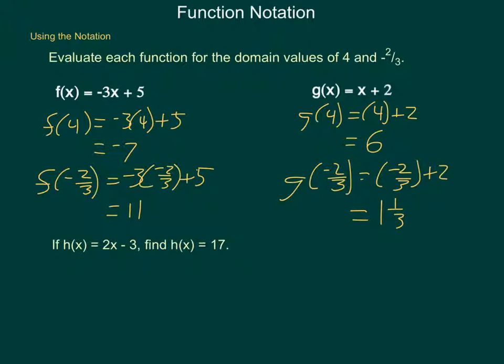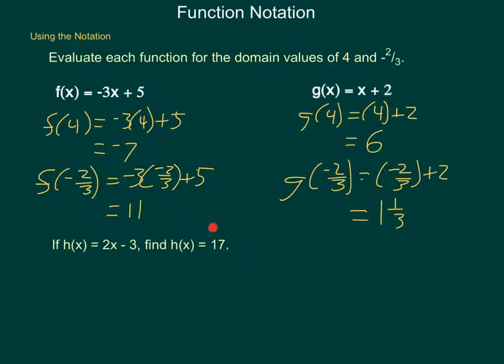But what happens in my bottom situation here when I say if h of x equals 2x minus 3, find h of 17? So what this is saying is I know what function or what activities I'm doing to x when I call it h. I'm multiplying x by 2 and then subtracting 3. But I have now h of x equals 17.